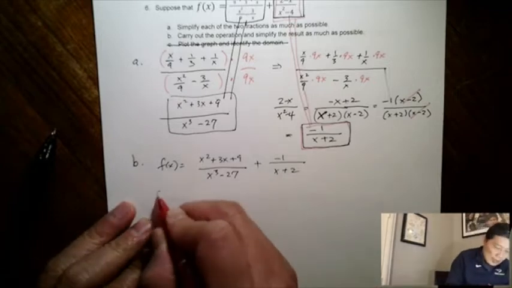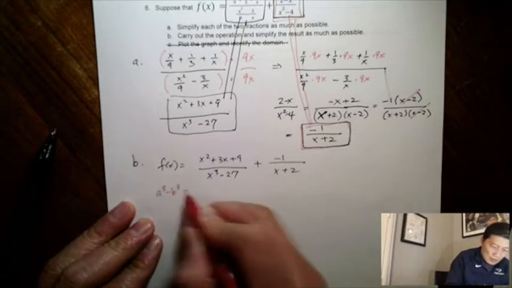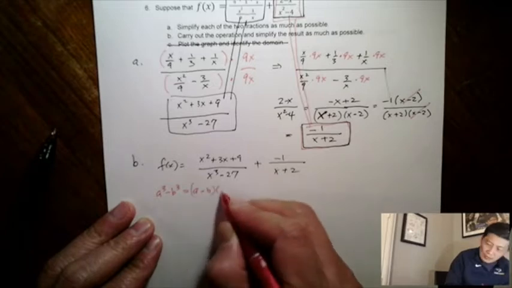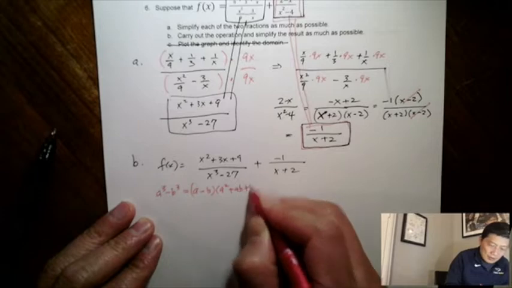I remember a cubed minus b cubed is equal to a minus b times a squared plus ab plus b squared.